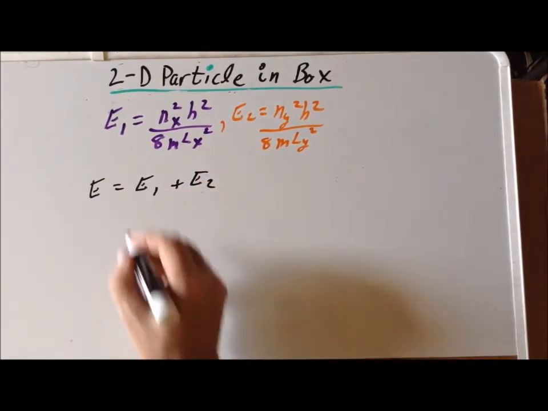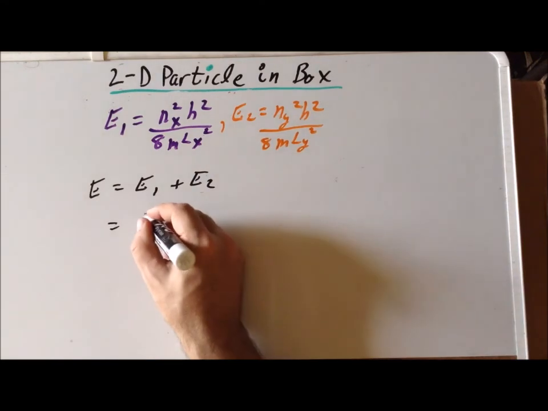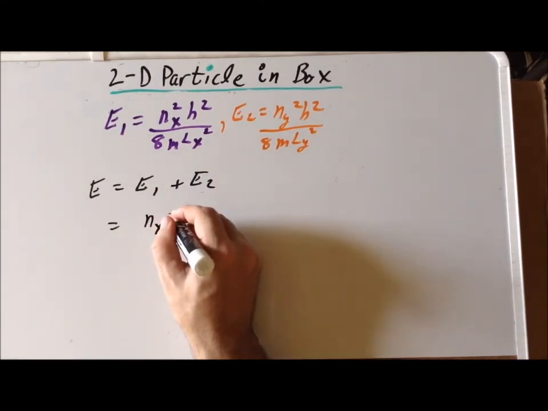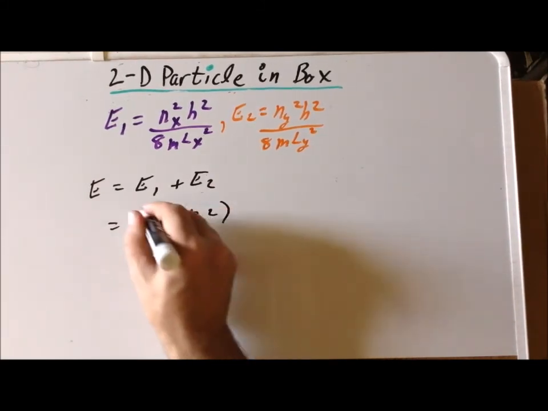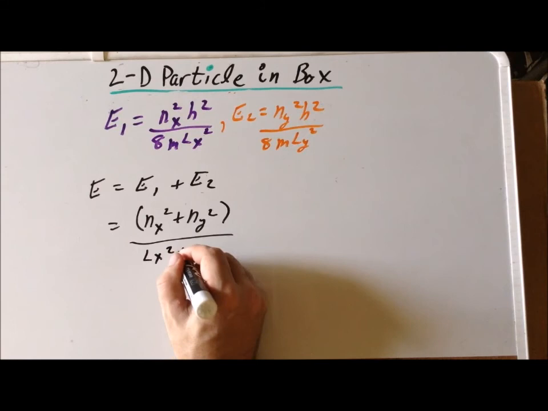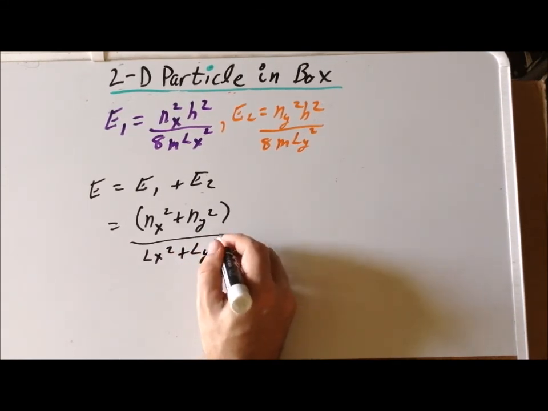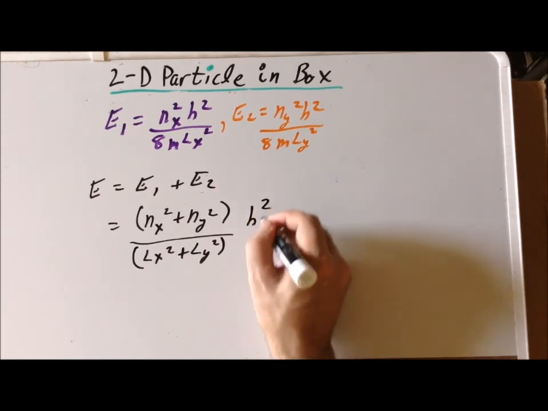And that's going to give us, now we can factor out certain factors here so that we get n sub x squared over L sub x squared plus n sub y squared over L sub y squared, and then h squared divided by 8m.